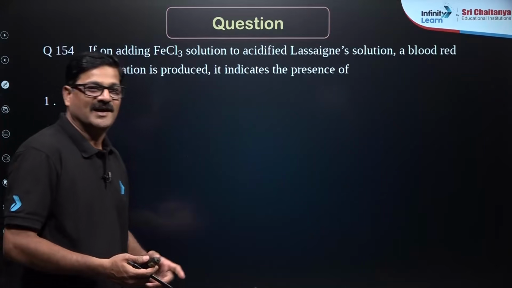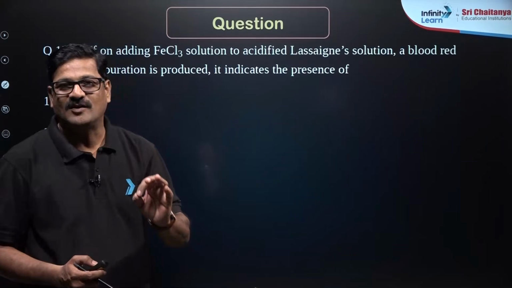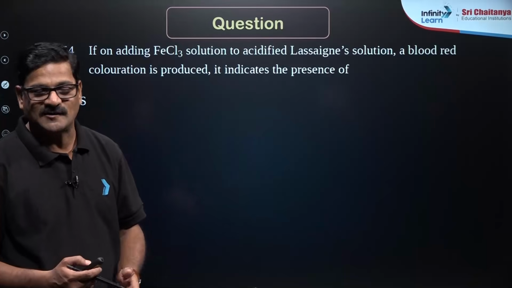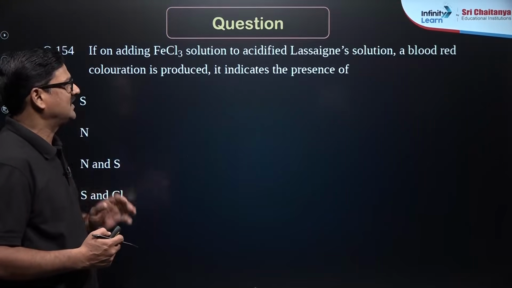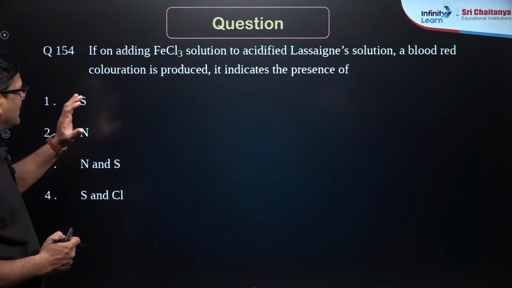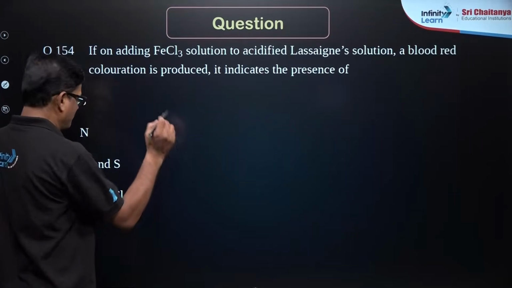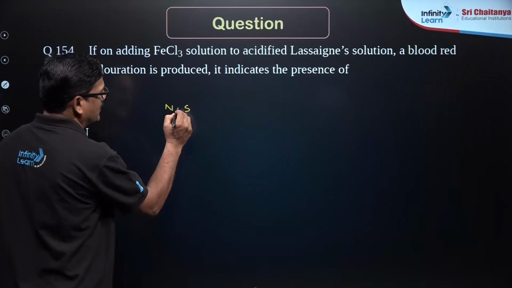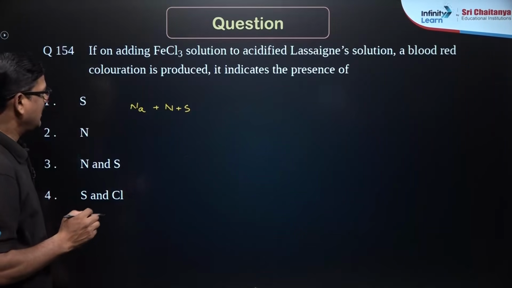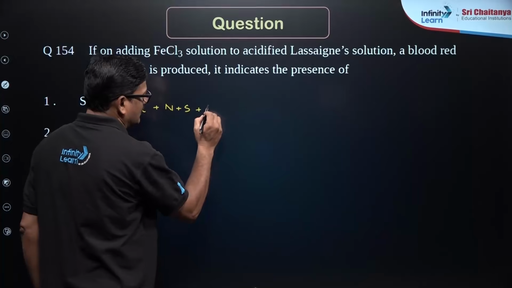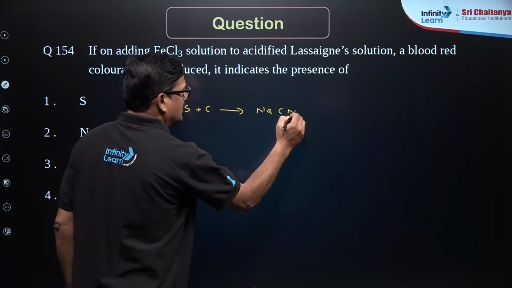Students, here is a question asking about detection of elements in organic chemistry, some basic principles and techniques. It is asking: on addition of FeCl3 to acidified Lassaigne's solution, a blood red coloration is produced. It indicates the presence of what? In the Lassaigne's solution, if nitrogen and sulfur are present, they react with sodium and carbon, and NaCNS is formed.